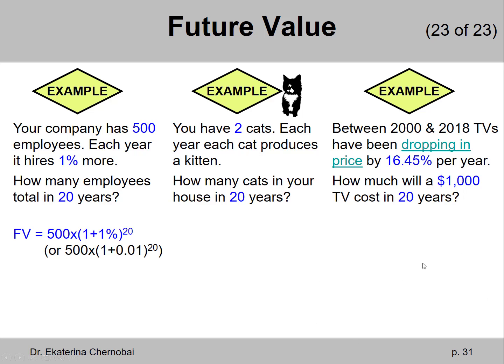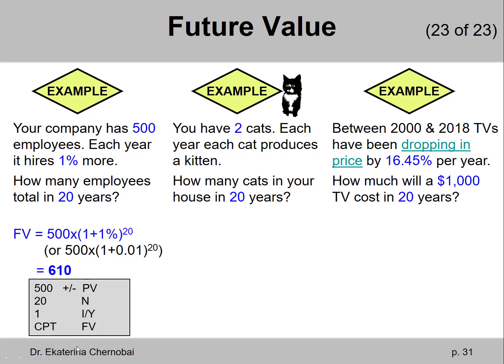And 20 years is like n in the future value formula. It's also years. So if you use the formula, you can either use 1% for the growth rate, or if you're putting the growth rate in decimals, you would need to put 0.01. The answer will be approximately 610.